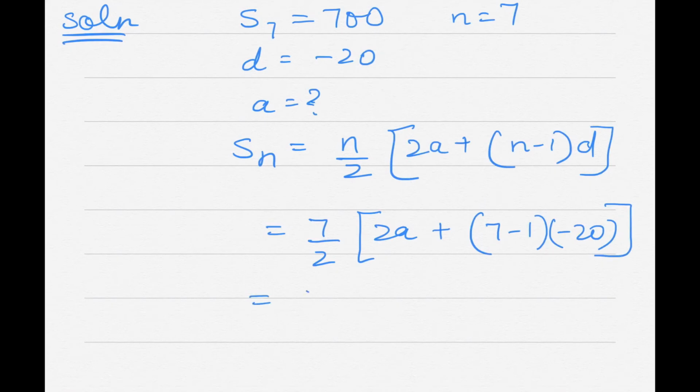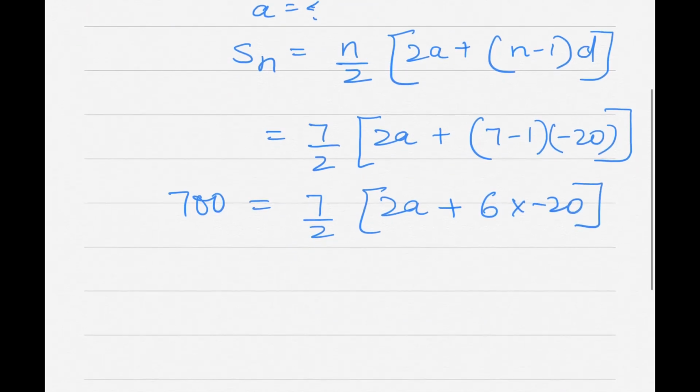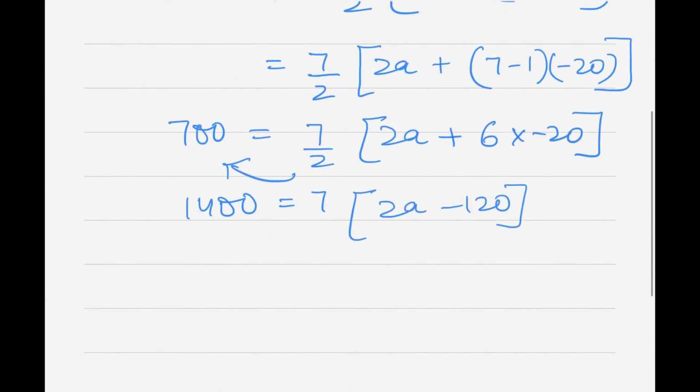So now this becomes 7 by 2 into 2a plus 6 into minus 20. Okay, so 2 can go that side, so this becomes 1400 is equal to 7 into 2a minus 120. Even 7 can go that side, right?